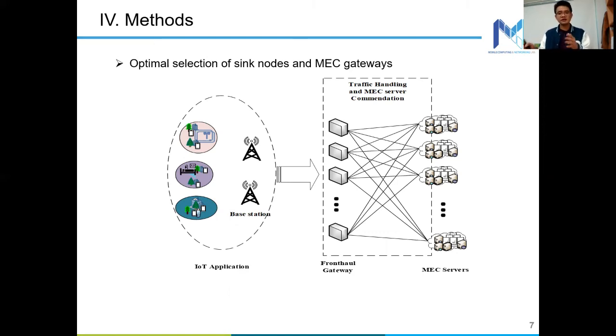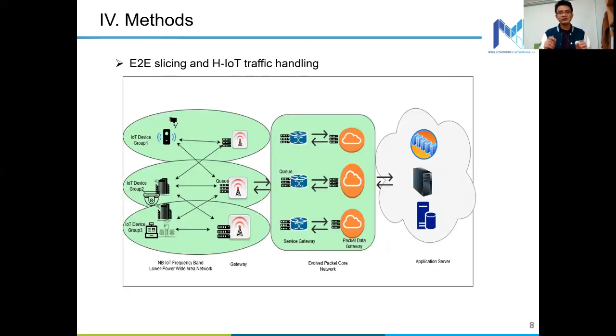It is required to perform recommendations to select the appropriate gateway for handling based on the gateway status. The recommendation system will be based on lightweight machine learning. So end-to-end network slicing will be performed as shown in this figure.